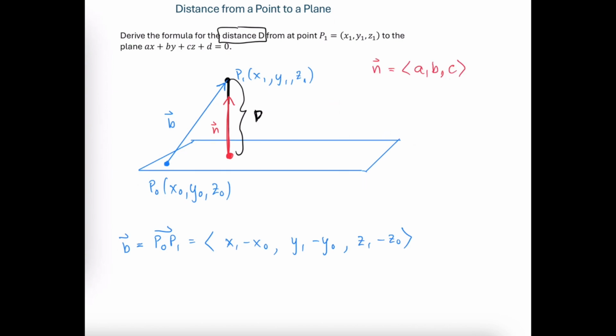So it might be easier to visualize this next bit if we go ahead and create a right triangle here. And let's think about a projection. So we're going to project the vector b onto the vector n, which means that we're going to visualize kind of a light coming in this direction, which is shining on top of b.